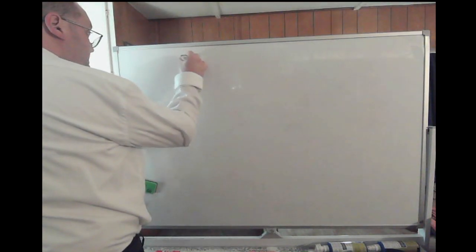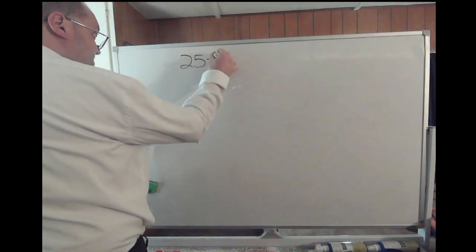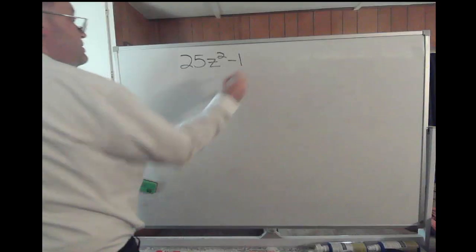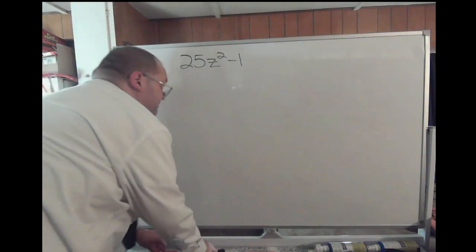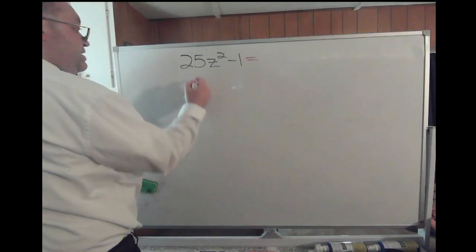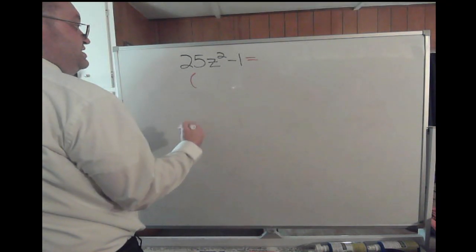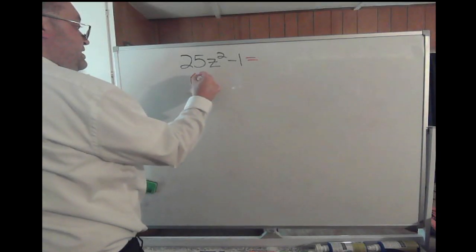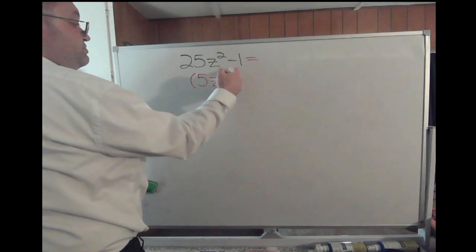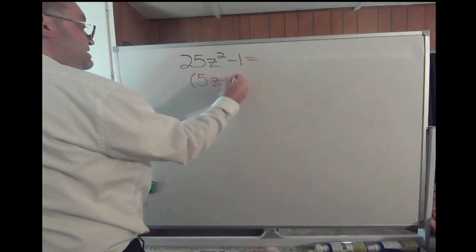Alright, here, let's see. We have 25z squared minus 1. What you have to do here is take the square root of 25z squared, which would be 5z, then plus the square root of 1, well, that's positive 1.